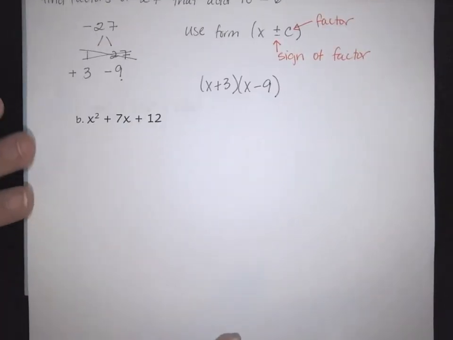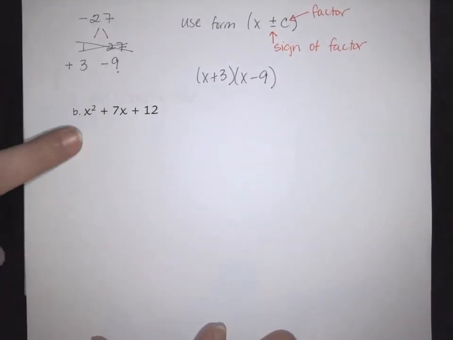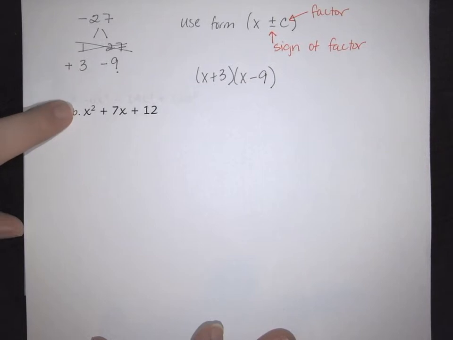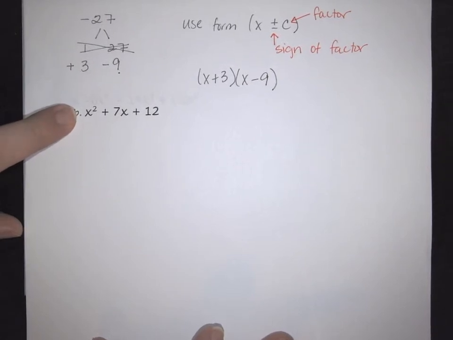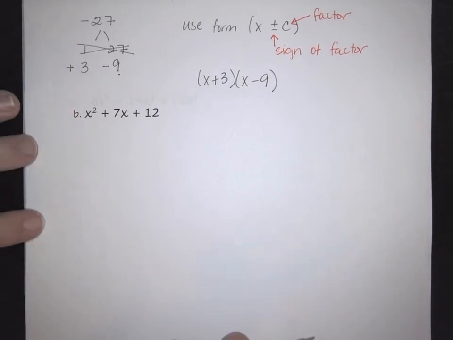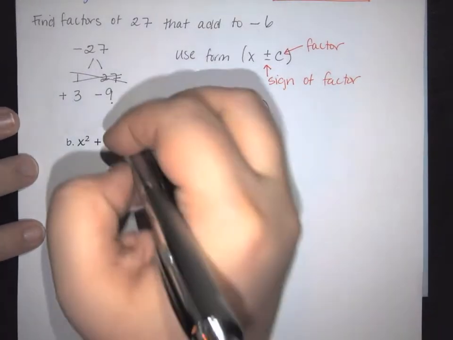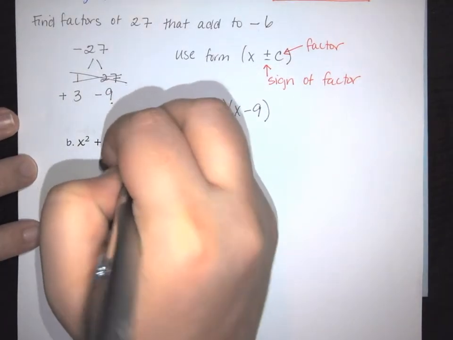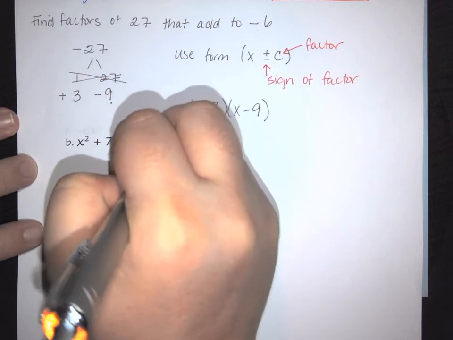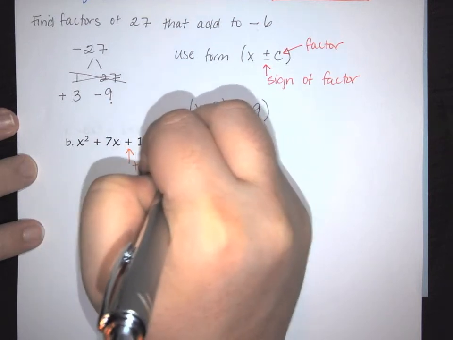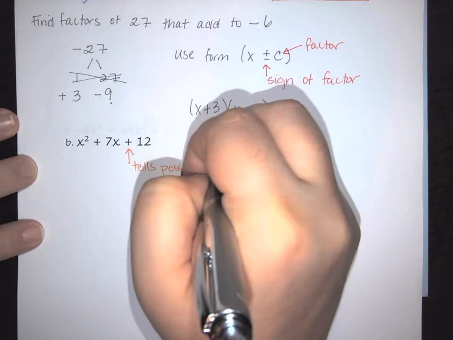So let's go ahead and do it again. Notice again for this one, my a term is 1, and so I can go ahead and use this factor method. So just like before, we take a look. This back sign here tells your possible options.